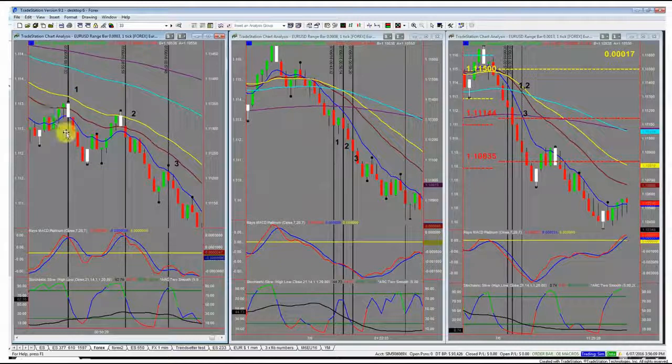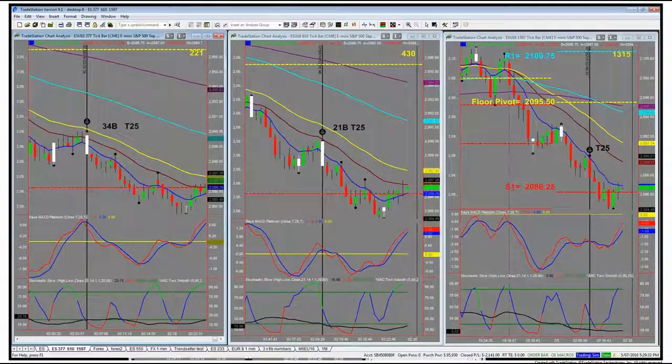So this is entry 1, and you can see entry 1 signified right here, entry 2 over here, entry 3 is there, and 1, 2, and 3 are on just those 2 or 3 candles over here on the shorter time frame. But what you can see, traders, is on the higher time frame, look at our EMAs. They're all in the same trend direction as our lower time frames.